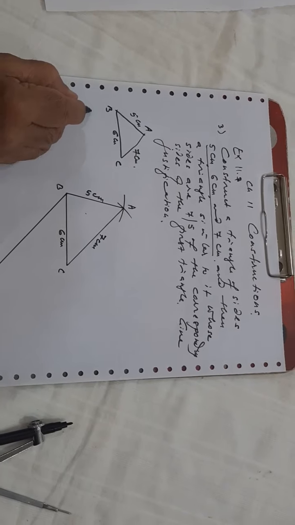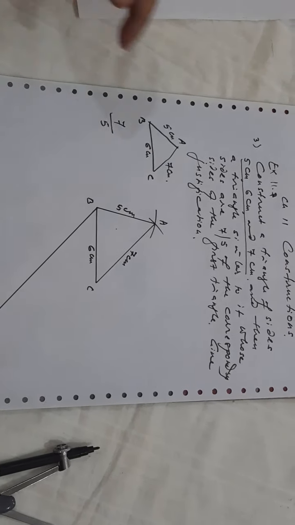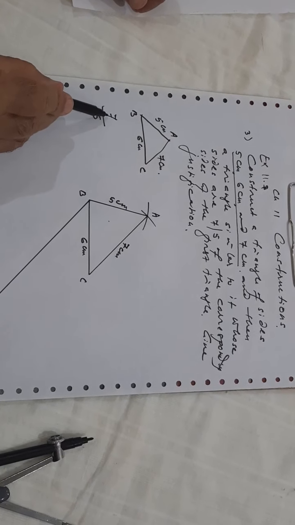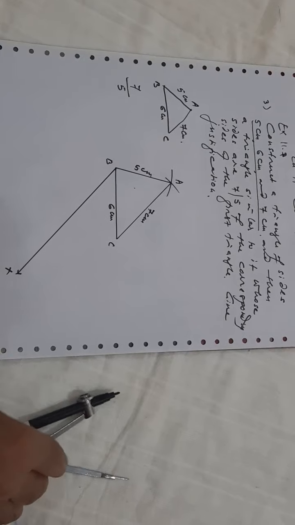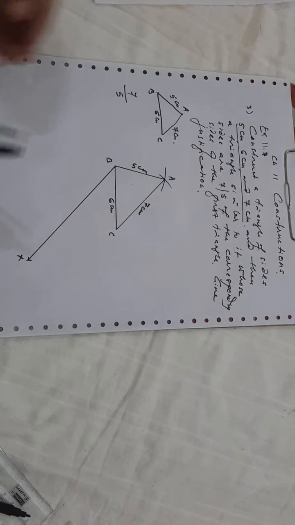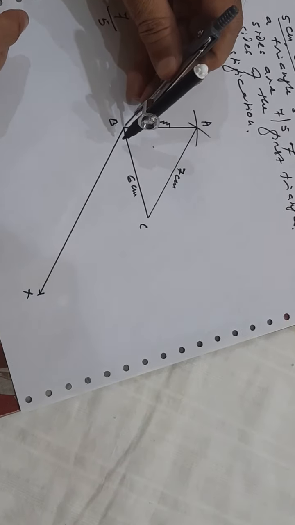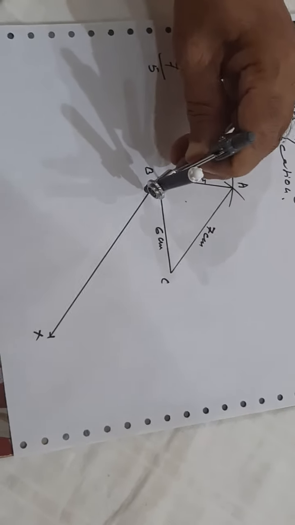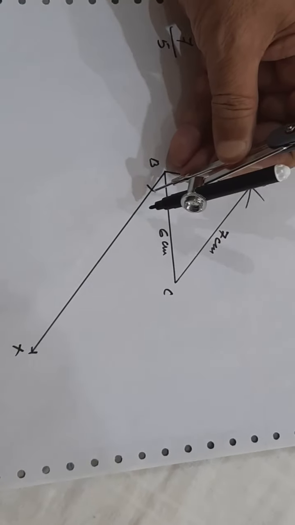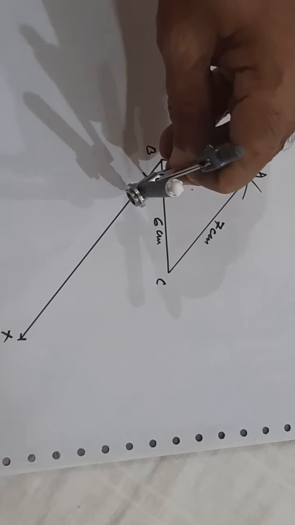Now 7/5, which is the bigger number? 7. The 7 is bigger, so we have to take 7 equal parts. Take some arc and start from B and take 7 parts. How many parts will we take? 7. This comes from the numerator.